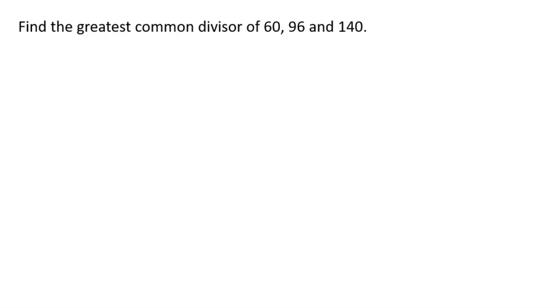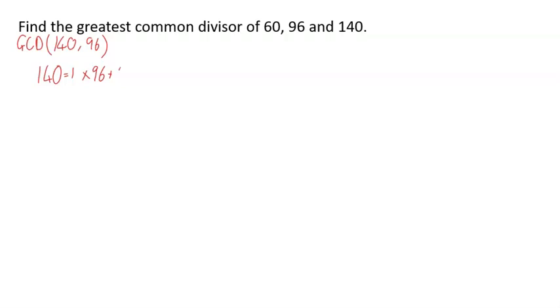So let's start with 140 and 96. So I want to look for the greatest common divisor of these 2 numbers to begin with. So let's make this our first step. So again, look at our standard format. So 140 is going to equal something times 96 plus a remainder. Well, it's going to equal 1 times 96.